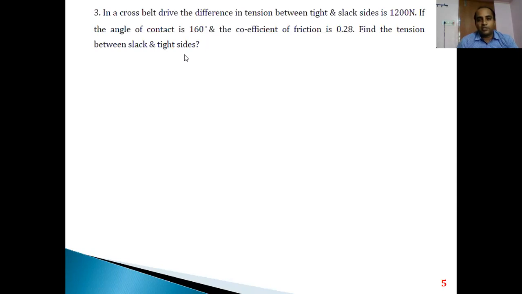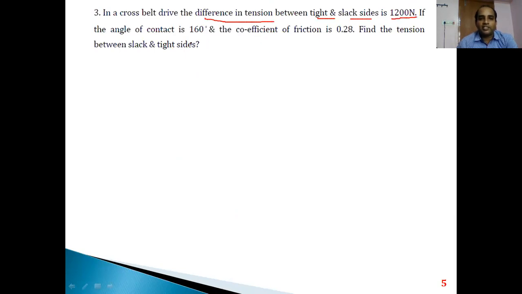Already in the theory part of our discussion, we designated that on the tight side, the tension is abbreviated as capital T1, and on the slack side, it is abbreviated as capital T2. So we need to find the tensions T1 and T2 in this problem. The given conditions are that the difference in tension between the tight side and slack side, T1 minus T2, is 1200 Newton.